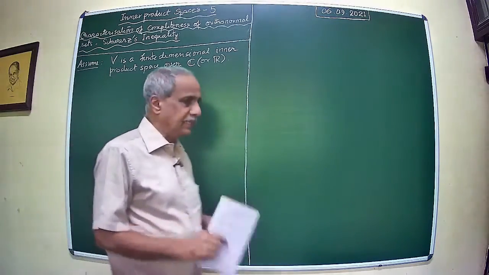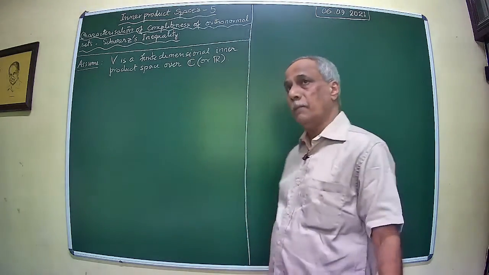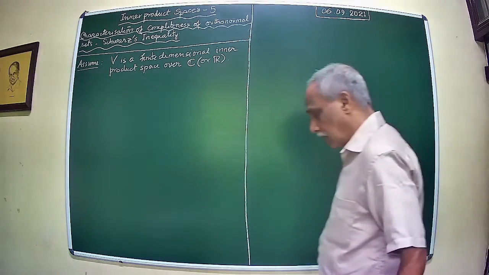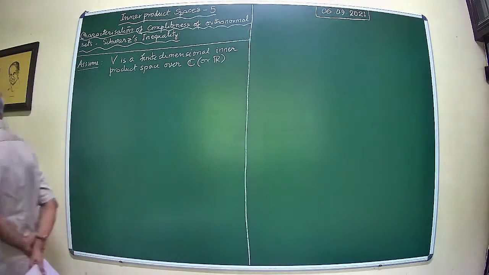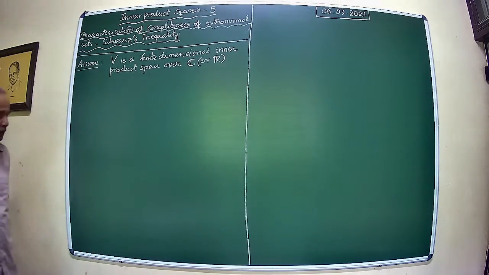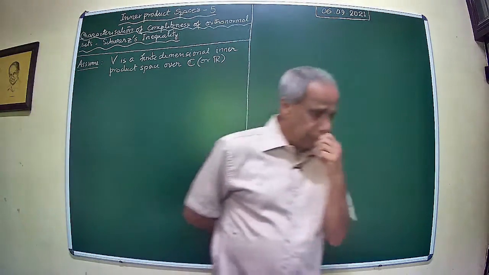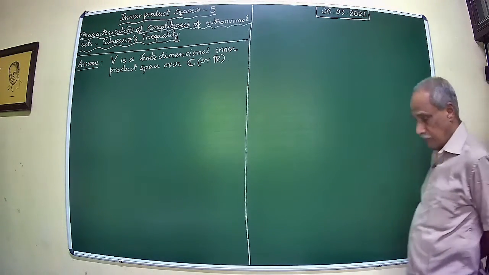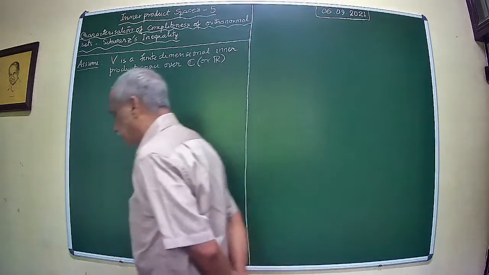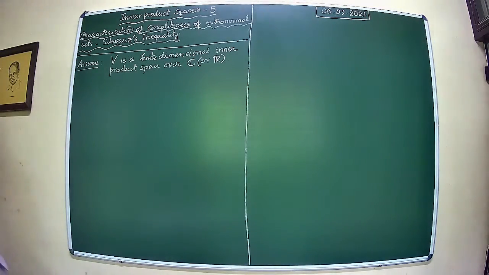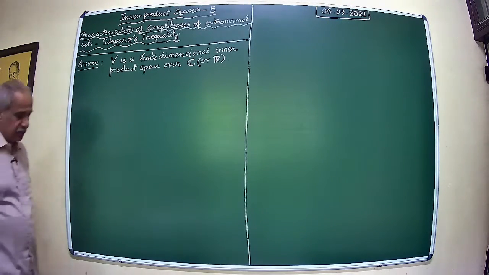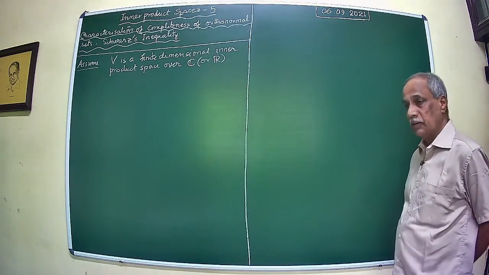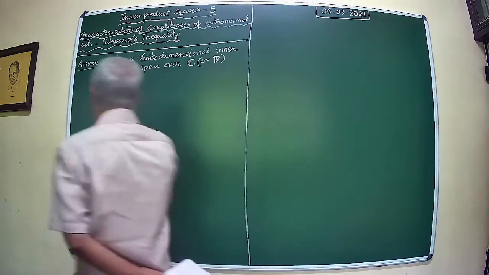Now we have already seen that the orthonormal sets in V form a linearly independent set, and therefore the number of elements in any such orthonormal subset is less than or equal to the dimension of V. Now this is something that we have.